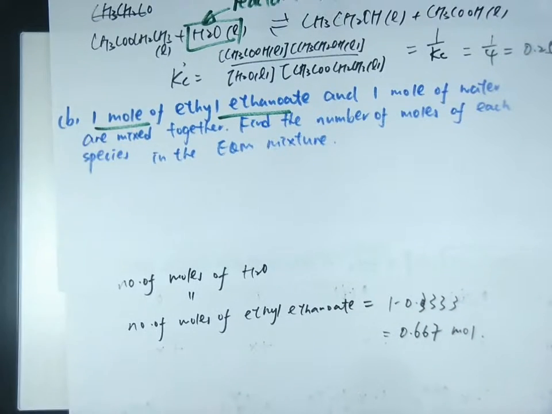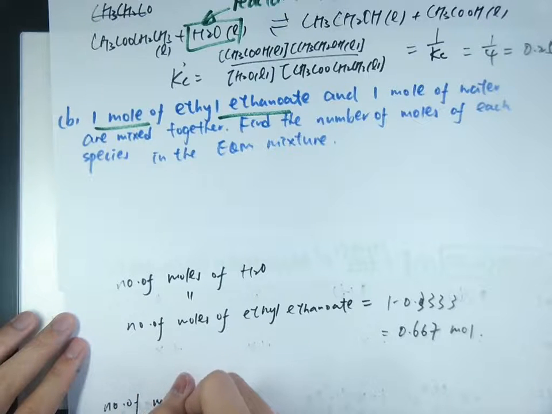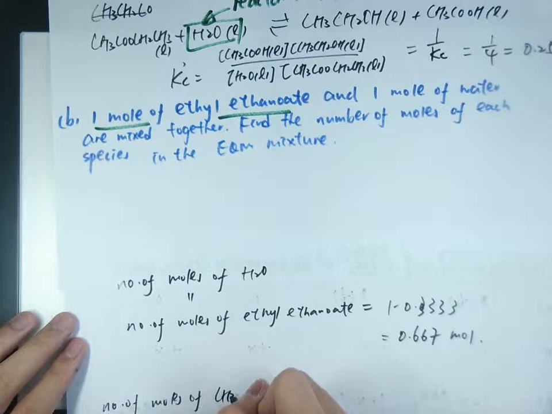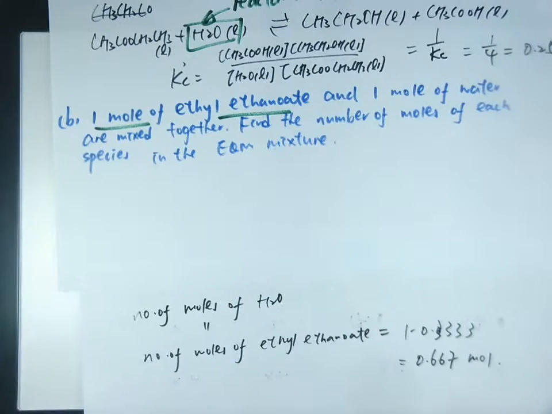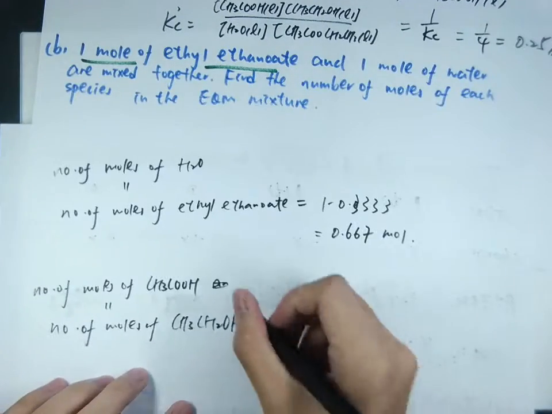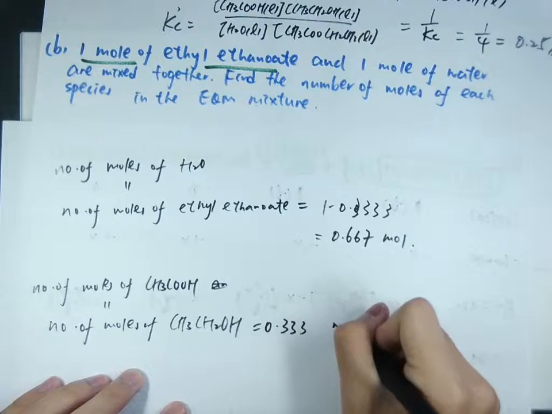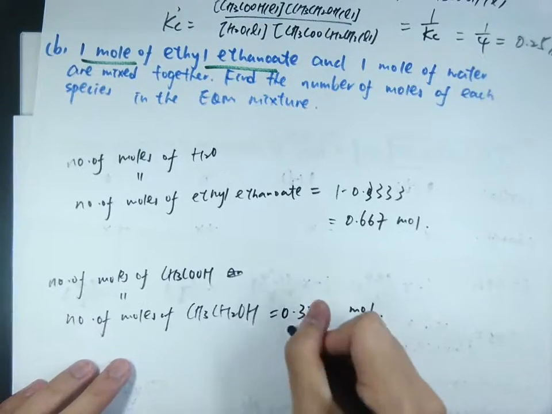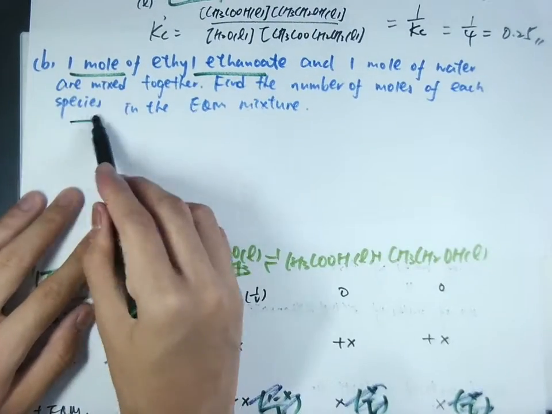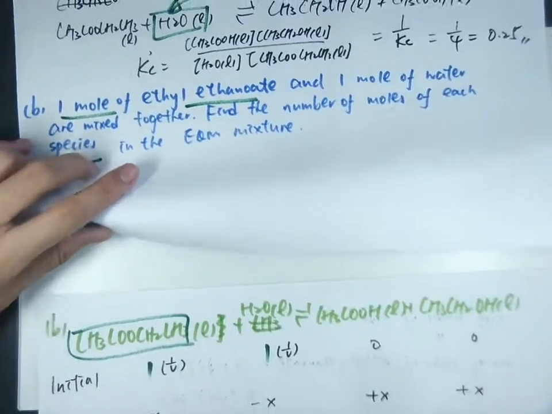And the number of moles of the acid and number of moles of this one, actually this is called ethanol, they are equal to x, right? x. Okay, now we have completed this question. We have found out the number of moles of each species in the equilibrium mixture. Okay, understand? So now we have completed the question.